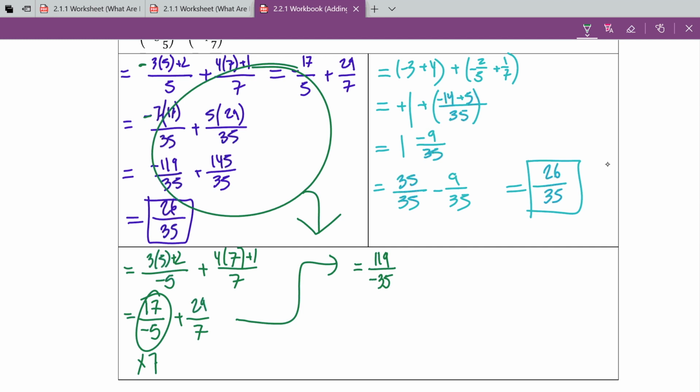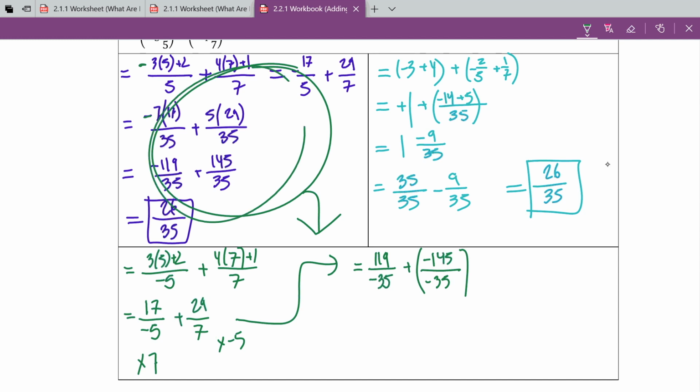Okay. But to get a common denominator of -35 out of that, we're going to have to multiply by -5. So plus, and then I'm going to put in brackets here because -5 times 29 is going to be -145 over, and we wanted that common denominator of -35. All right. And remember, what we're doing here is showing you that it doesn't matter where you put the negative sign.